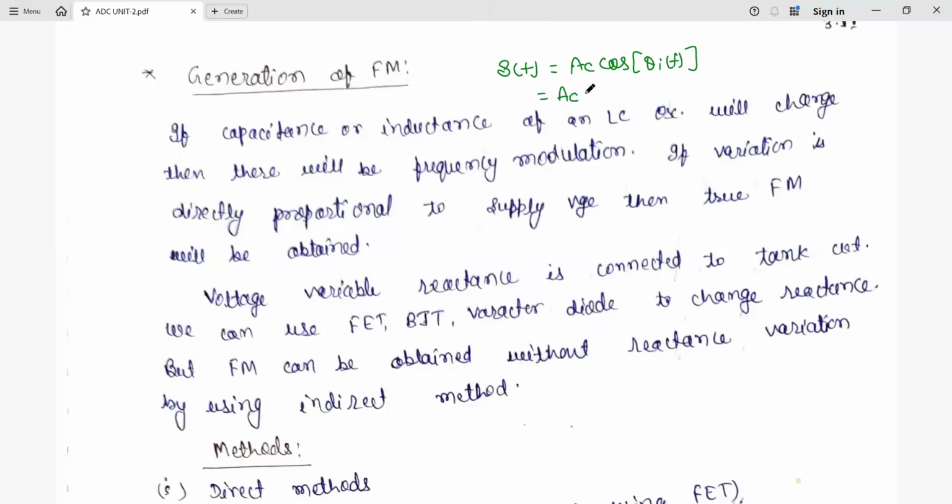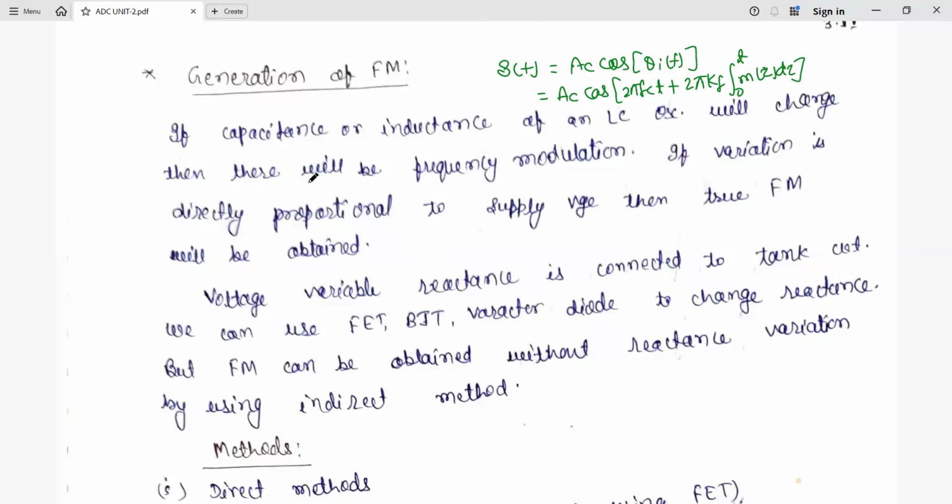So it is written as Ac cos of 2 pi fc t plus 2 pi kf times the integral of m of tau d tau, over 0 to t. This is the expression we got for the modulated wave. Here we will see how we are able to generate such a signal.